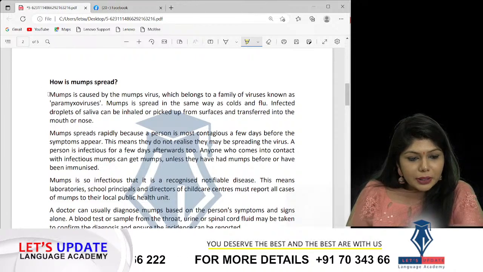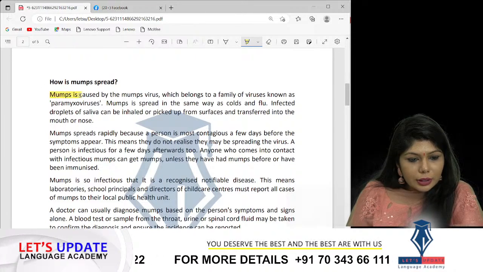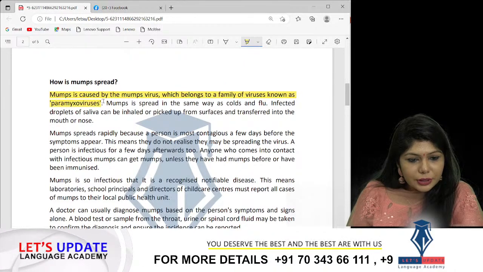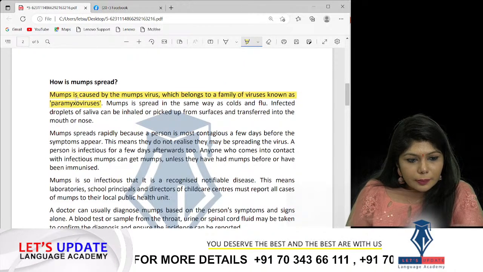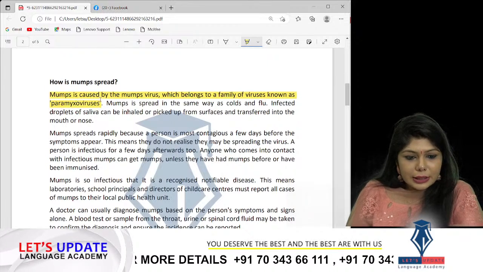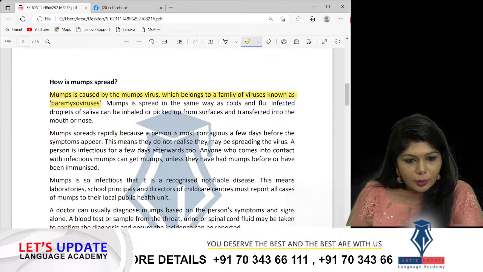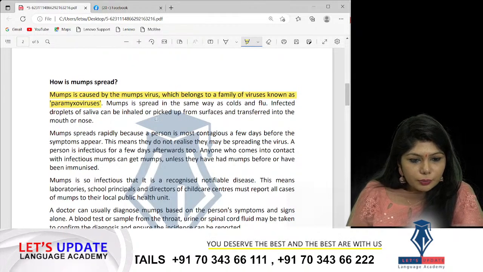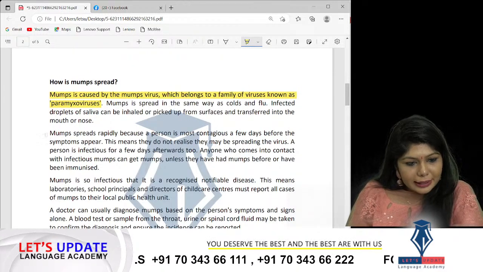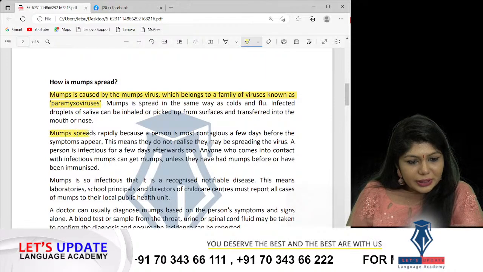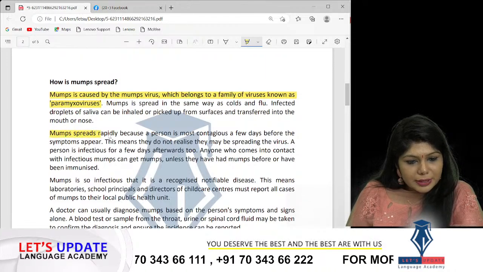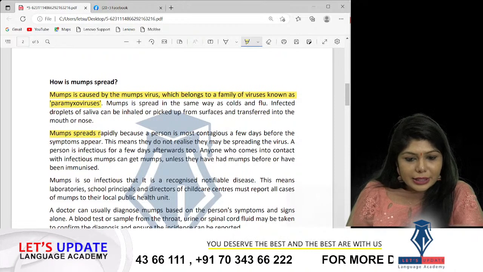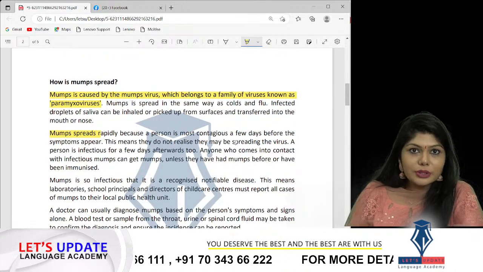So basically, they are talking about the cause of the condition, that it is caused by the mumps virus, and the family of viruses it belongs to. Then it is talking about how it spreads. Mumps spreads rapidly because the person is most contagious a few days before the symptoms appear.